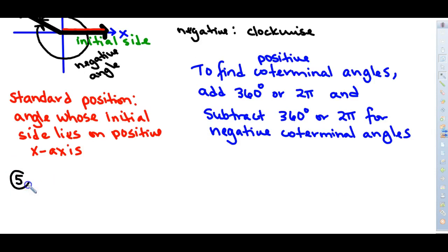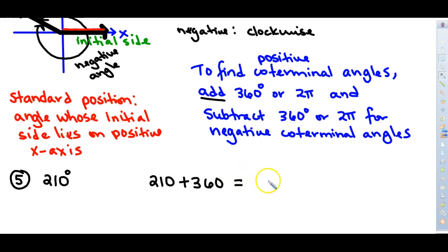Let's say I want you to find a positive and negative coterminal angle for 210 degrees. Then all you do is take your 210, and if you want a positive coterminal angle, add 360 to it because it's in degrees. If it were in radians, you would add 2 pi, so I'm going to add 360.